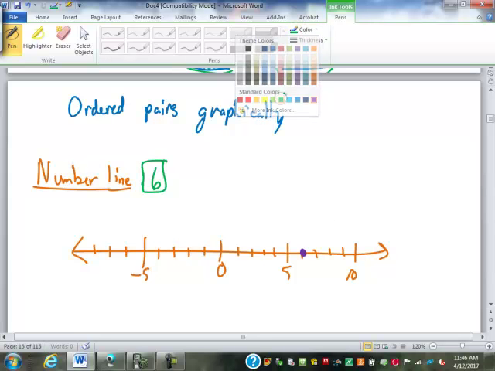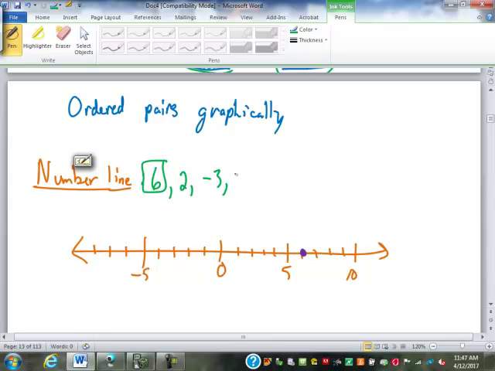If I needed to display several values, like 6, 2, negative 3, 7, negative 5, 3, 1, 6, 4, negative 1, well, I would display those. There's a dot here at 2, a dot at negative 3, 7 is right there, negative 5 is down here, positive 3.